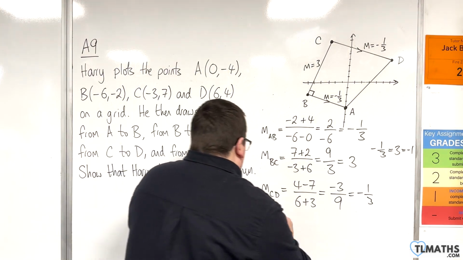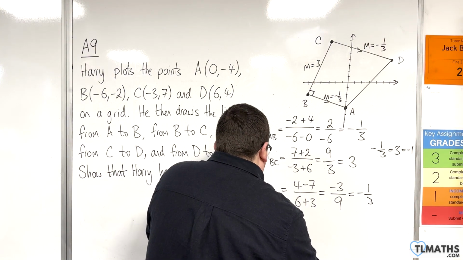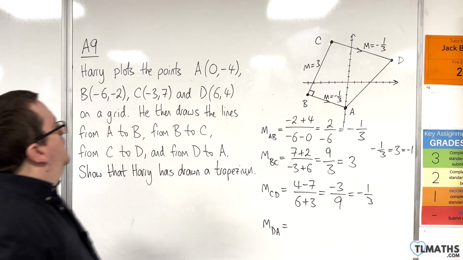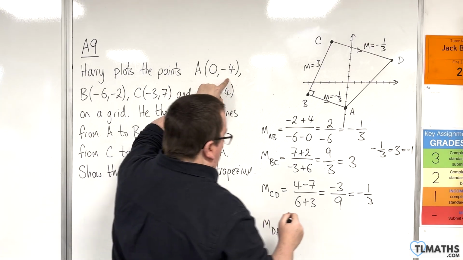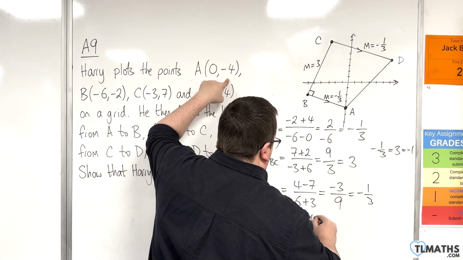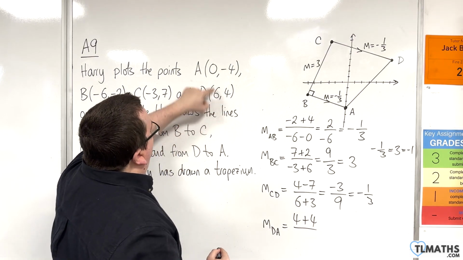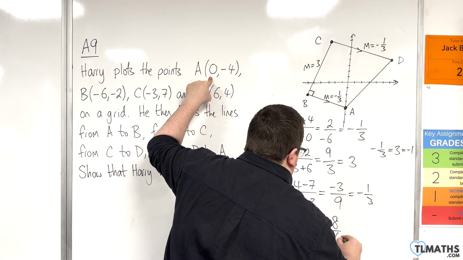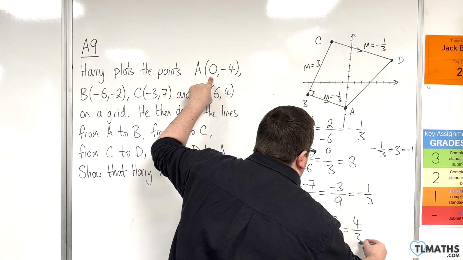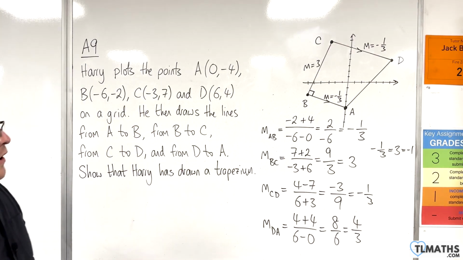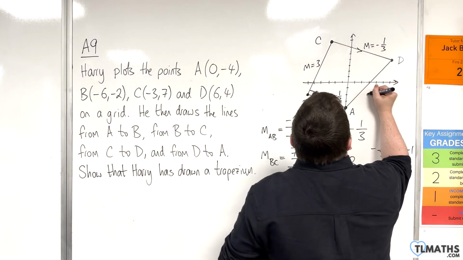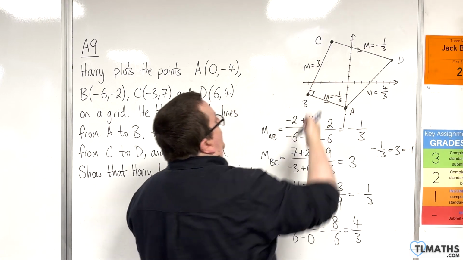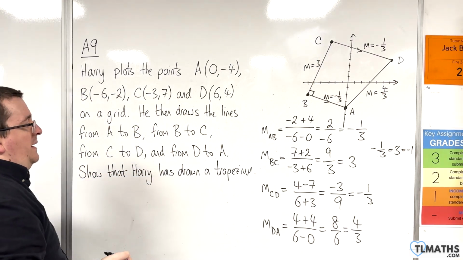Let's finally look at the gradient of DA, or AD. We have 4 take away minus 4, so 4 plus 4, over 6 take away 0. So 8 over 6, which is 4/3. So the gradient of AD is 4/3, which is not the same as the gradient of BC.